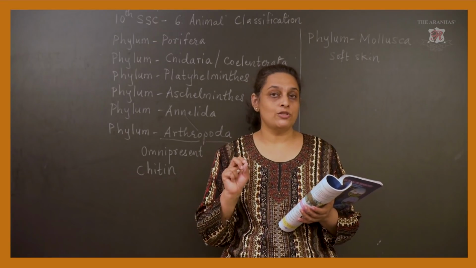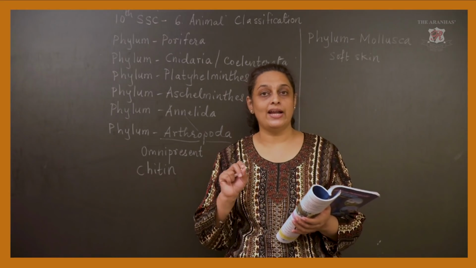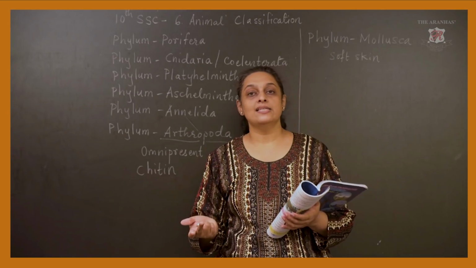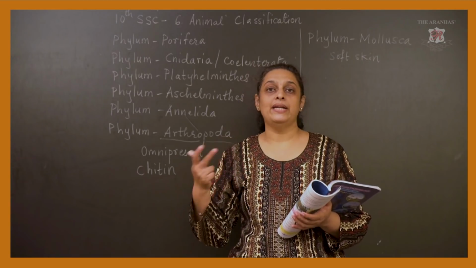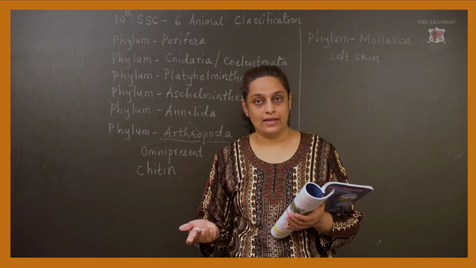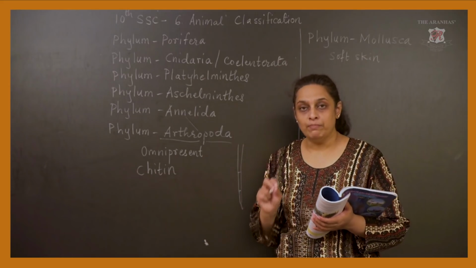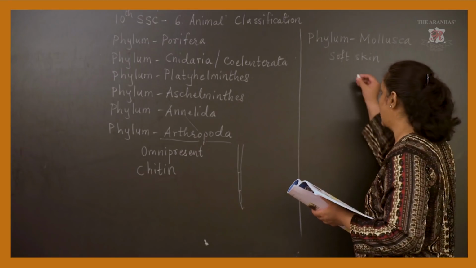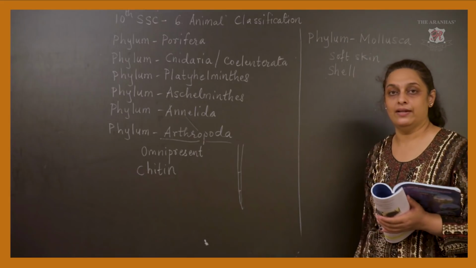Okay, now logically students understand, if skin is very soft and delicate, then there is a great chance that animal can be damaged easily, and that is why for protection members of Mollusca, they produce a hard structure called shell.